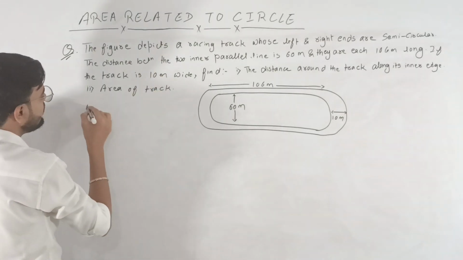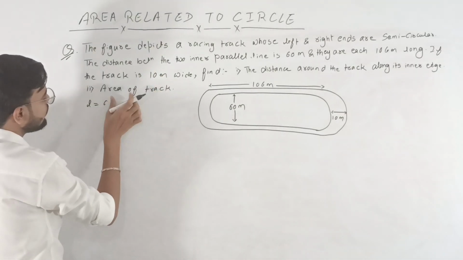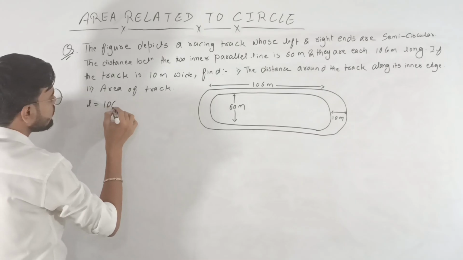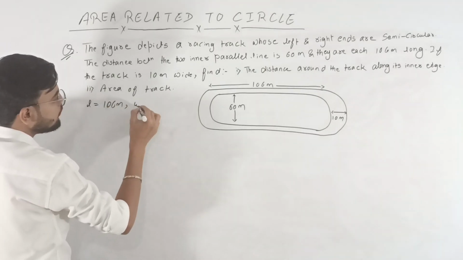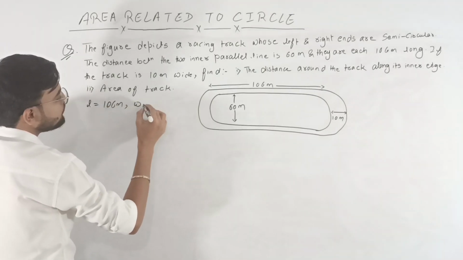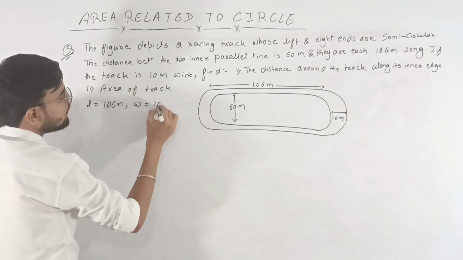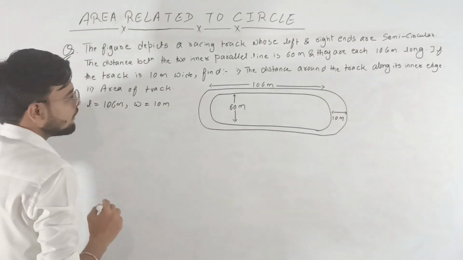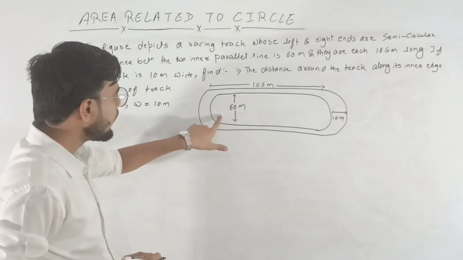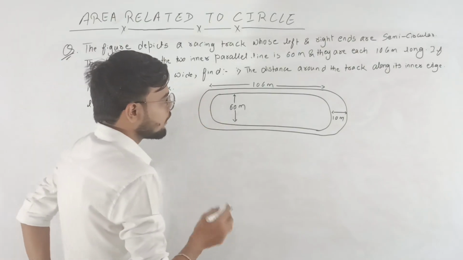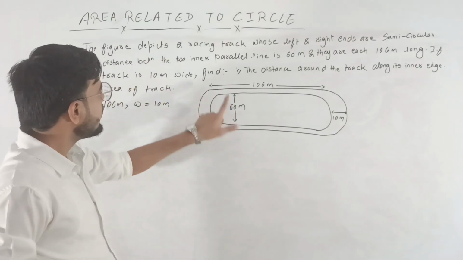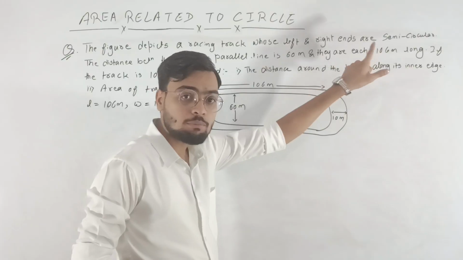So first we write what is given. We are given length, which is 106 meter. Second thing given is the width of the track, so I write W is 10 meters. Now the distance between these two parallel lines is given as 60. So look here. The question said the racing track goes left and right inside semicircular.